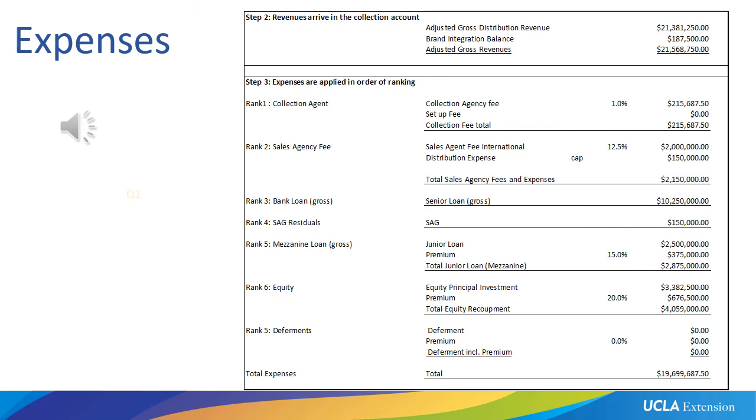Next in line would be deferments if we had any. We don't have any, so we're not paying any deferments at this moment, but it's good for you to know this is where you would be paying deferments. Now, altogether, our expenses are $19,699,687.50.